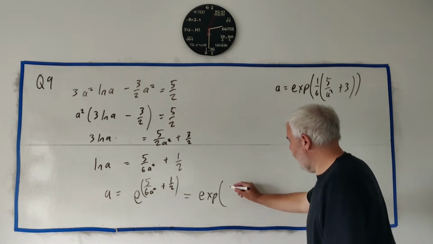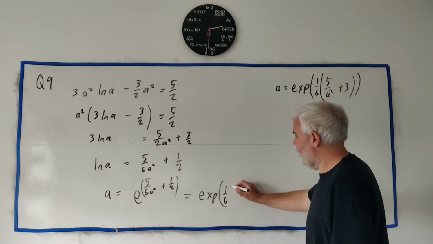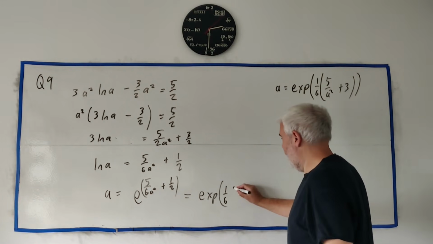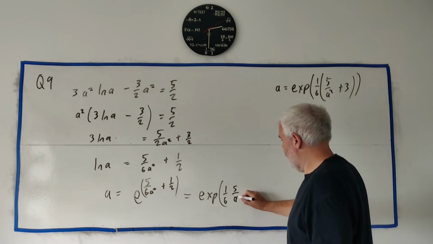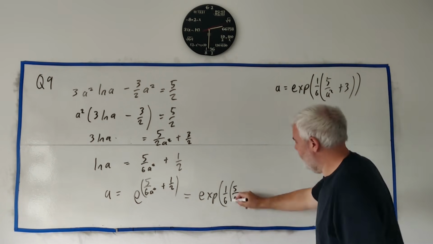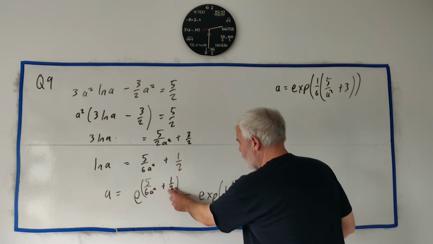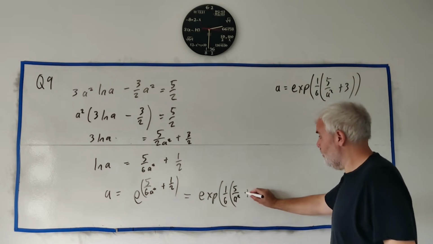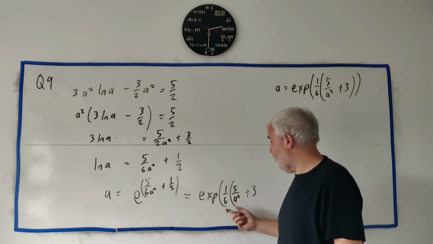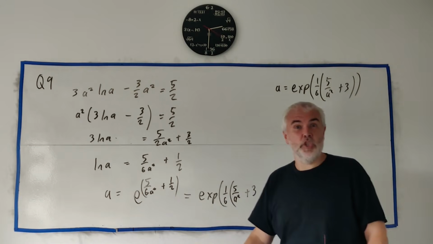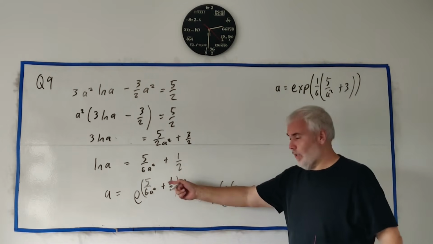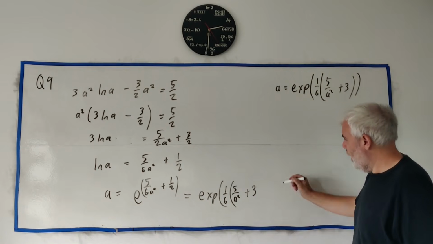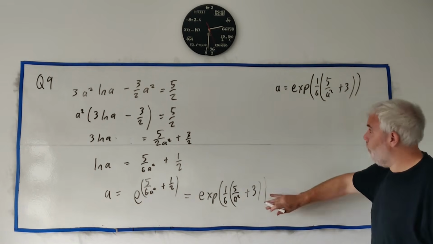You might lose marks for not finding where this 1 over 6 comes from. It can come out of this term and it would leave 5 over a squared, exactly what they have here. But it can also come out of 1 over 2. It comes out of it 3 times. How many times does 1 over 6 go into a half? 3 times. And I think it was more obvious when I had 3 over 6 there. Let's just close the brackets and boom, we're finished.